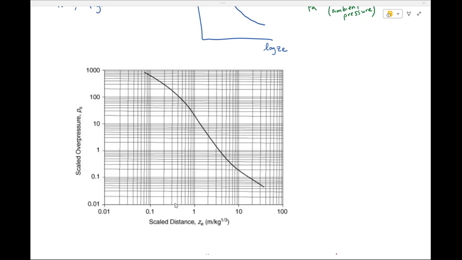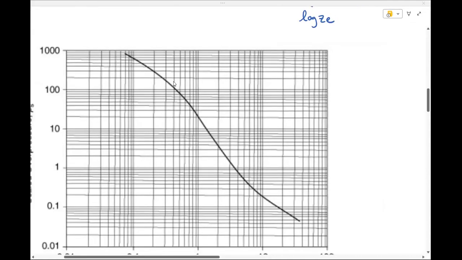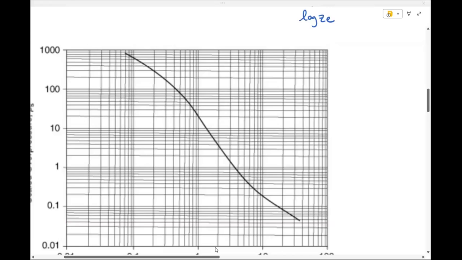If my scaled distance was 0.4, I would follow this line all the way up and find where this intersects. If I zoom in, it looks to me at least to be a little bit over 100, not quite to 200. So I would call that, I don't know, 105 or 110 as the scaled overpressure.